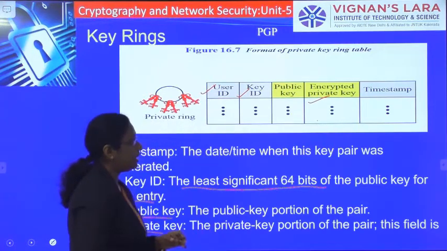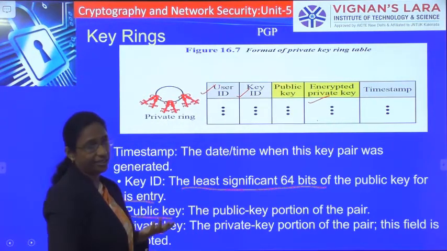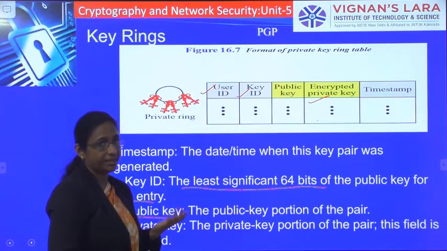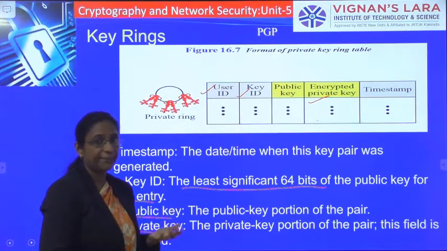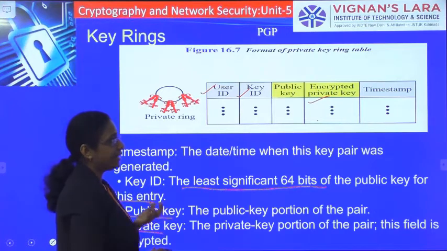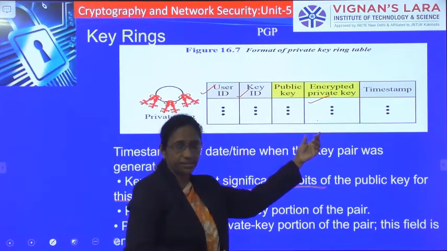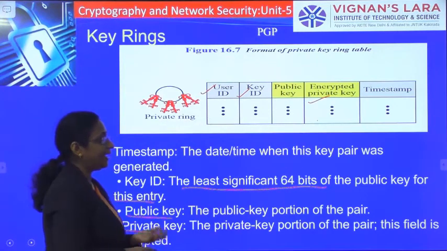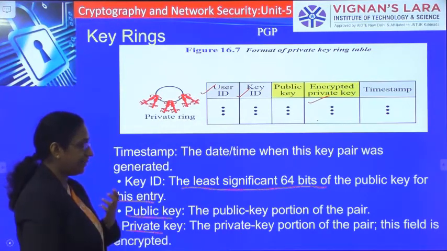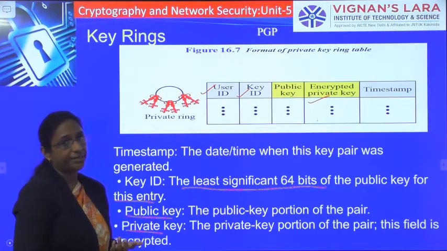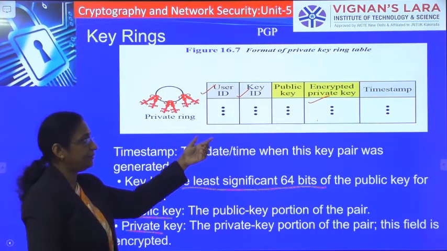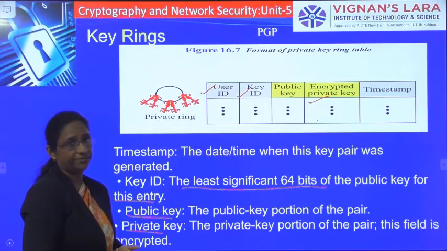Since the private key has to be kept secret, it is not directly stored here. The private key will be encrypted, and that encrypted private key will be stored in the field called the encrypted private key.